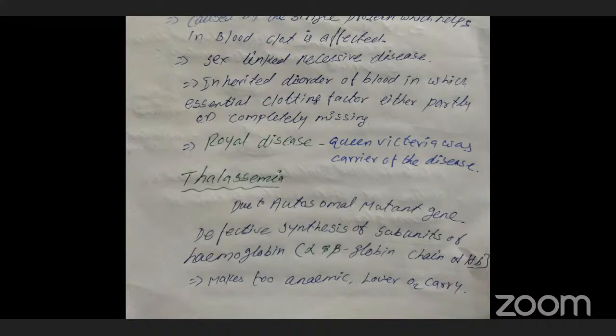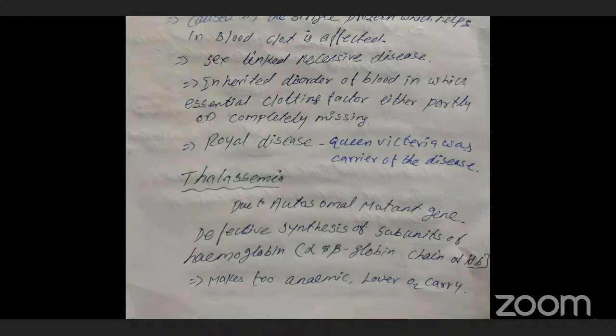because this is also a blood-related disease, and hemoglobin is very important, as you know very well. Here the subunits of hemoglobin will be affected, so defective hemoglobin subunits will be produced.